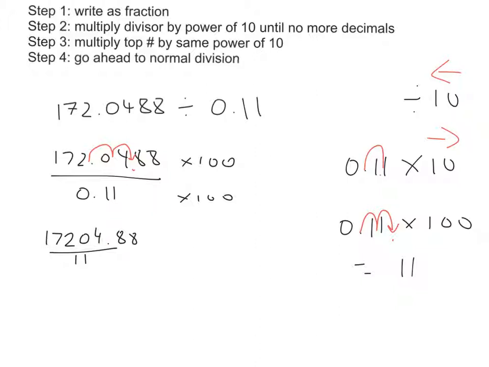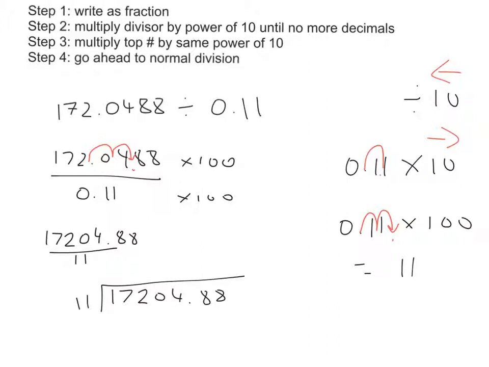So now step 4 is go ahead to normal division. So we'll just put this top number, the number that's being divided, into the division sign, and the divisor goes on the outside.